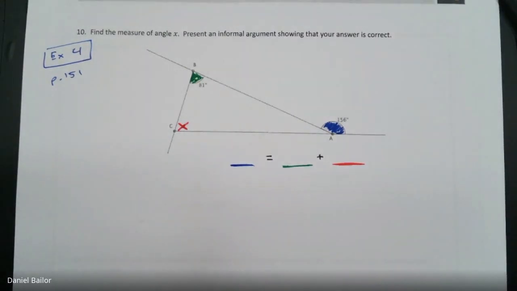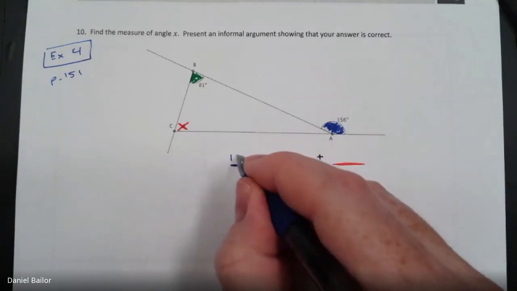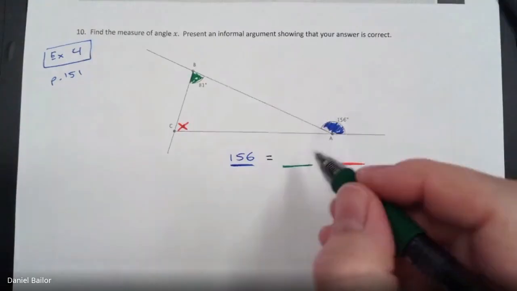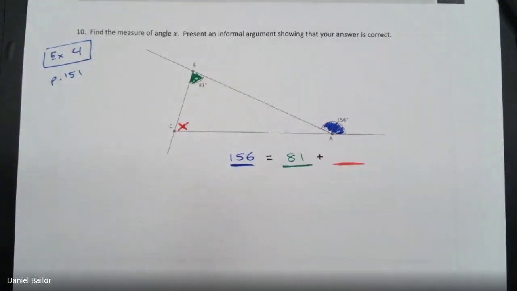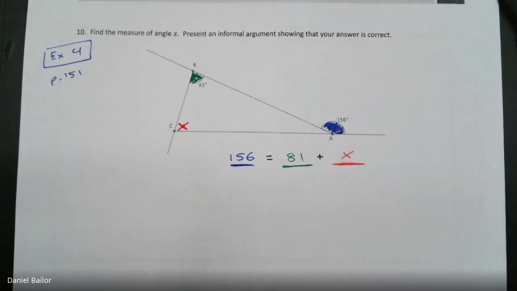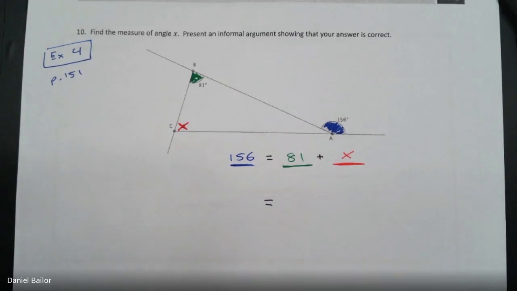This time, instead of finding the blue, we're finding the red. So they give us the blue is 156. One of the interior angles, the green, is 81. And this time it's the red that's missing. So what I need to do is I need to get the red X all by itself. And hopefully you remember your basic algebra.